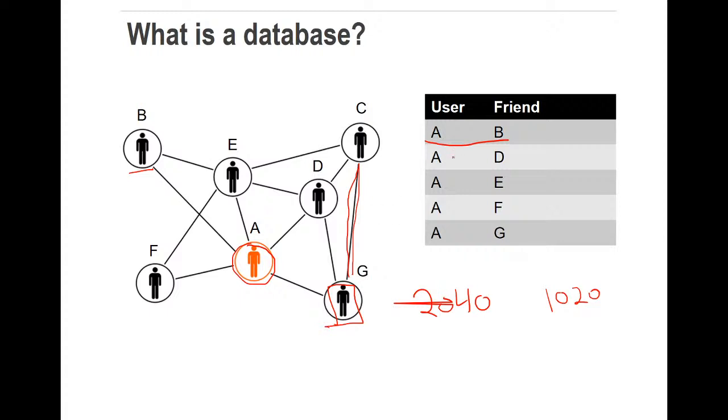And a graph can be represented as a table. This table corresponds exactly to the edges. You can also extract the vertices. Assuming that every user is there on the table, then if you extract this particular column, then you have all the vertices.